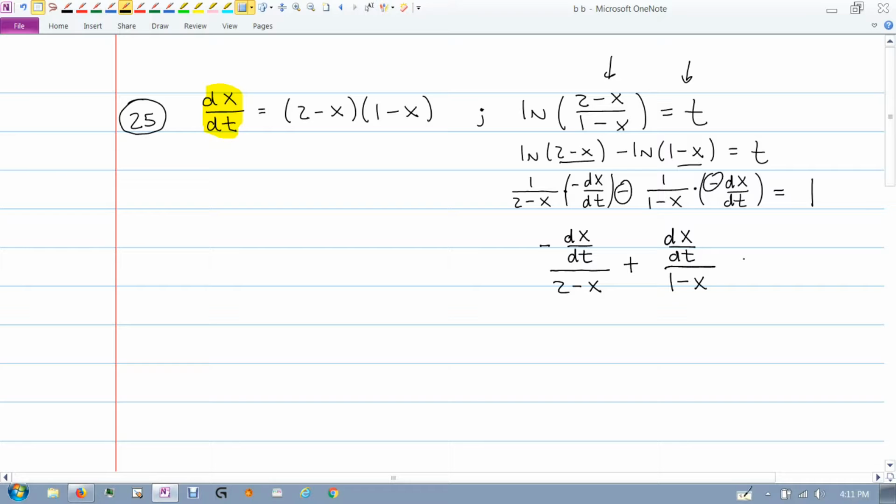All right, I'm trying to solve for dx dt, so I'm trying to get this guy by itself. So I'm going to factor it out of the left-hand side, so dX dt, and then when I factor that, I get -1 over 2 minus x plus 1 over 1 minus x equals 1.